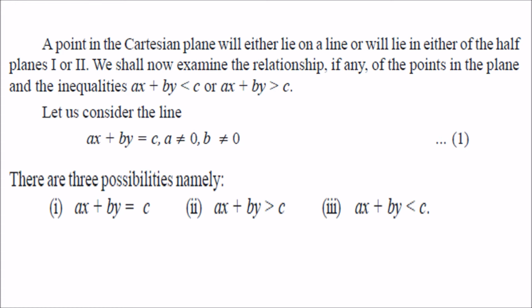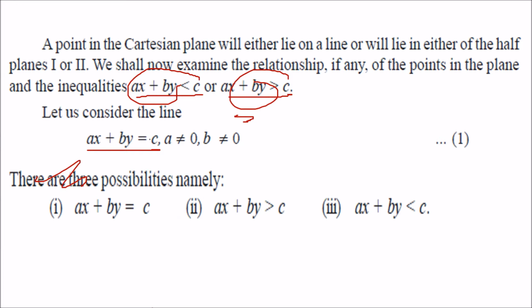So what we are going to see here is we have a line. We call it ax plus by less than c and ax plus by greater than c. This is our first line, it needs to be less than c. Second is ax plus by greater than c. For these inequalities, we'll take ax plus by equal to c.